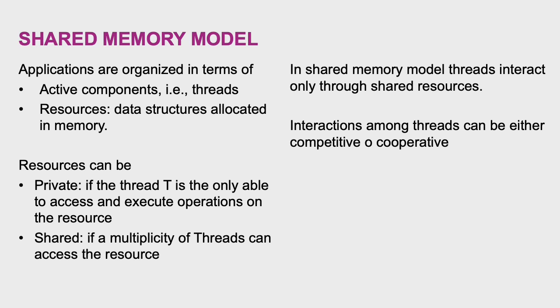The interaction among threads can be either cooperative or sometimes competitive. So threads may compete in order to obtain the possibility to access a limited number of available resources, computational resources, whatever they are.